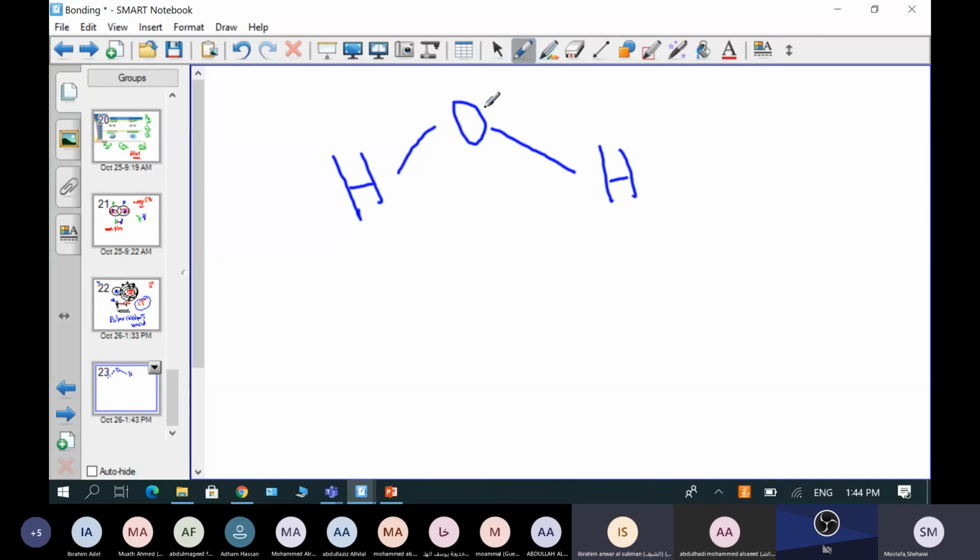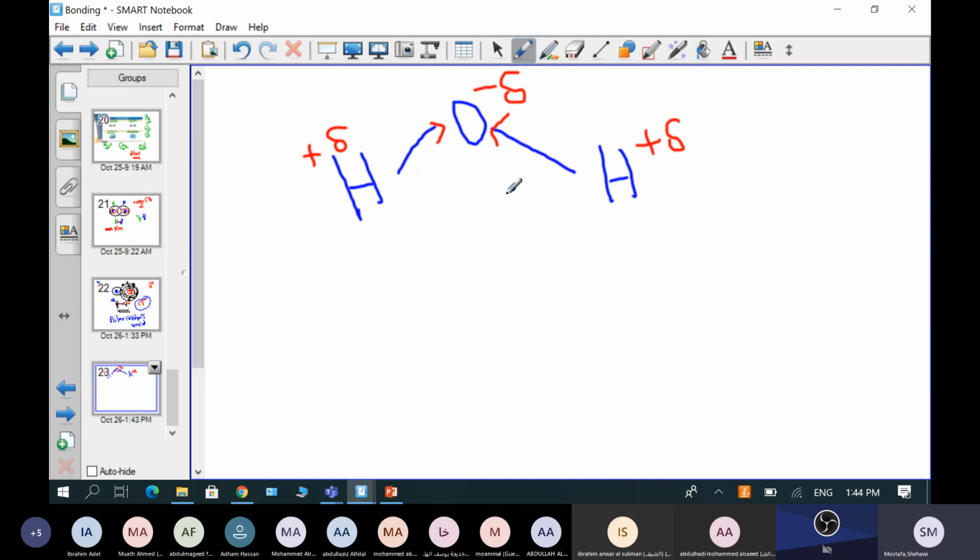Okay. So this is also polar because the attraction force in the case of oxygen is greater than the attraction force in the case of hydrogen. So oxygen will have a partial negative charge. Partial means not total negative charge. And here is positive, this hydrogen.